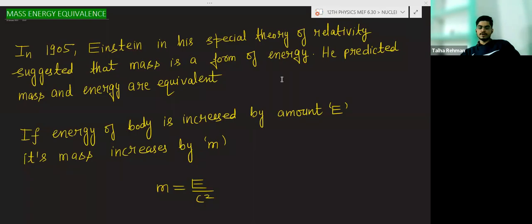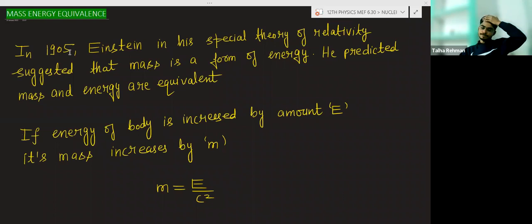But in 1905, Albert Einstein gave a new idea about mass. I think you already know a very famous equation, E is equal to mc square. That is very famous, so today we will discuss that. What is the use of this equation? This is the world's most famous equation, E is equal to mc square.